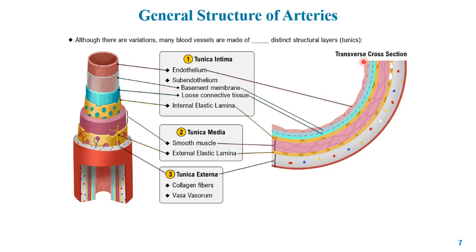After this first layer that is in direct contact with the blood, you have these fibrous layers, the subendothelial layer. So two parts here. The first part is called the basement membrane, which is connecting your endothelial layer with the other layers that are going to come deeper.